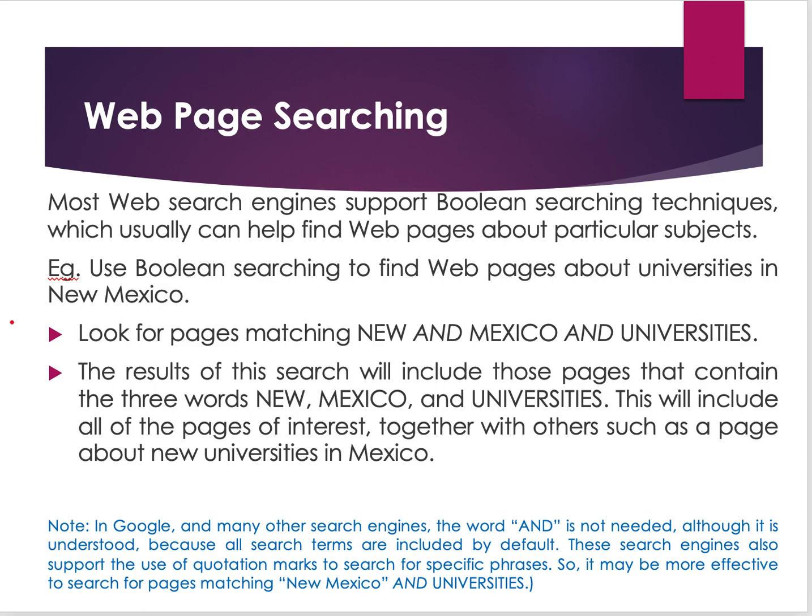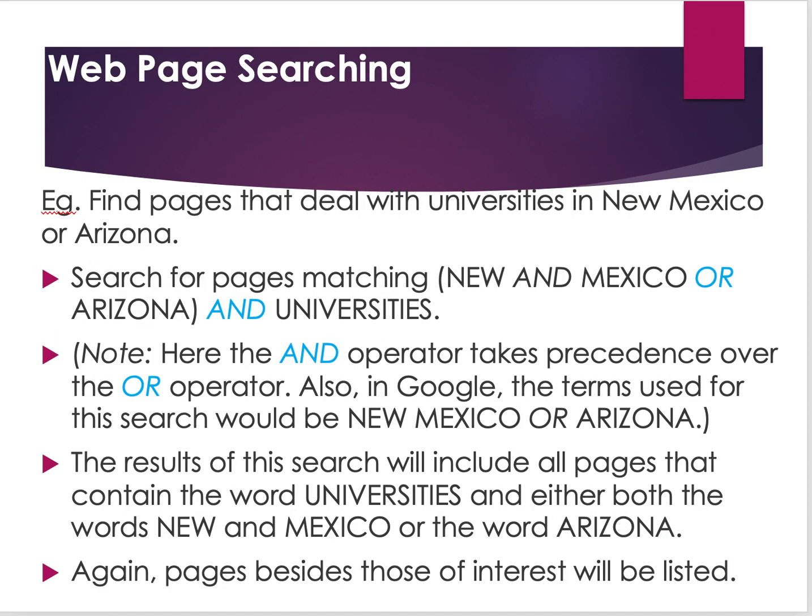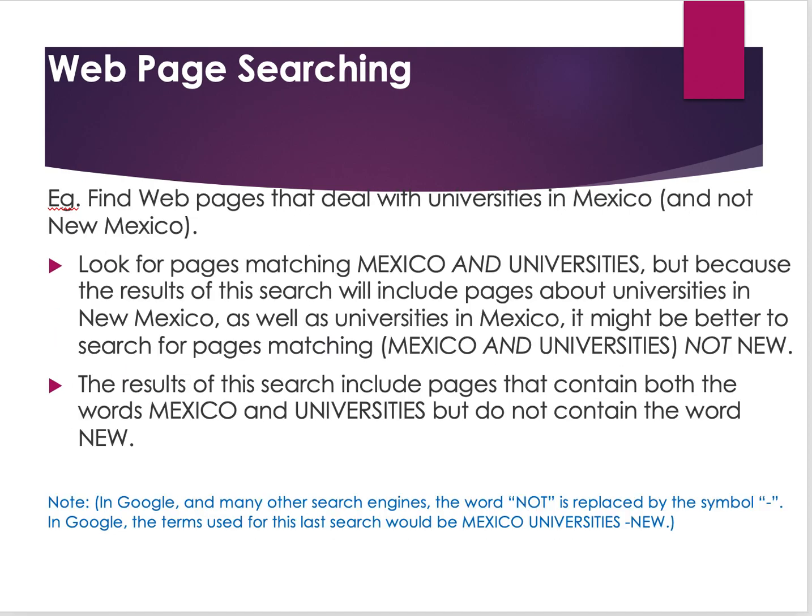Then you can use keywords with connective words, like in this case, new and Mexico and university. Then Google will give you the list of new universities in Mexico. The same thing in this page, I will leave it to you to read.